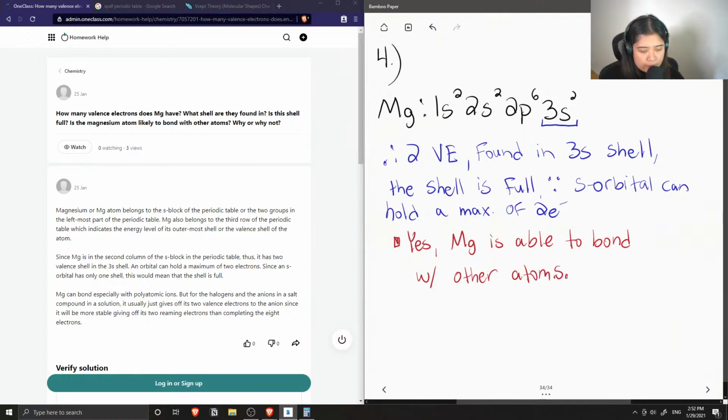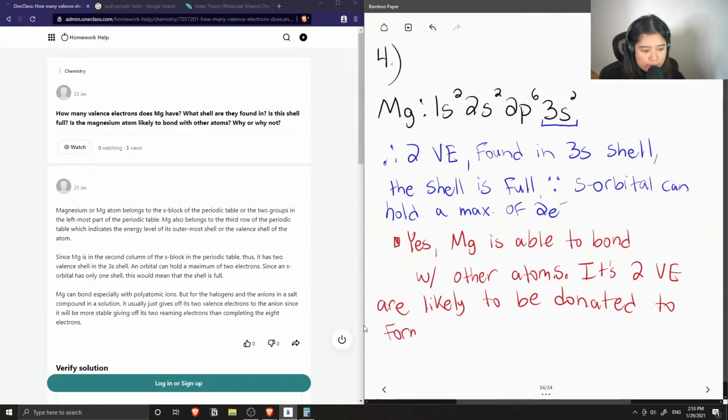And the reason for it is because its two valence electrons are likely to be donated to form ionic bonds.